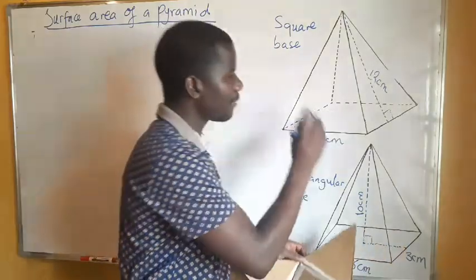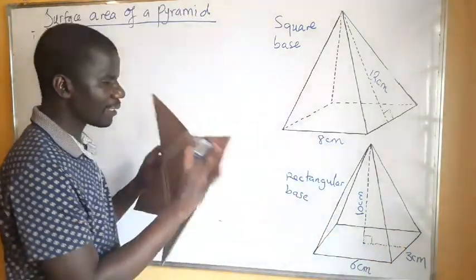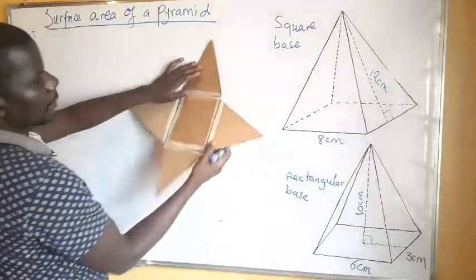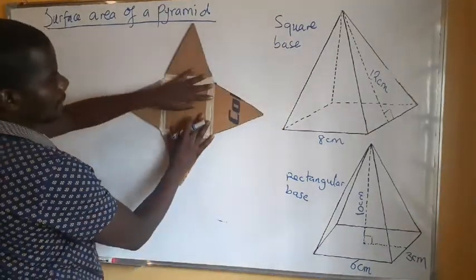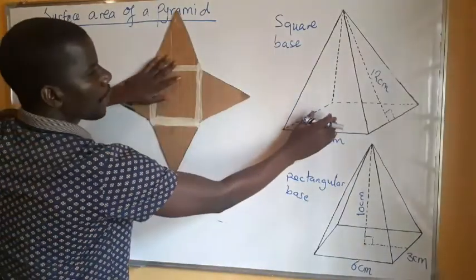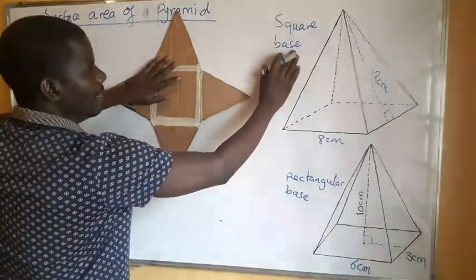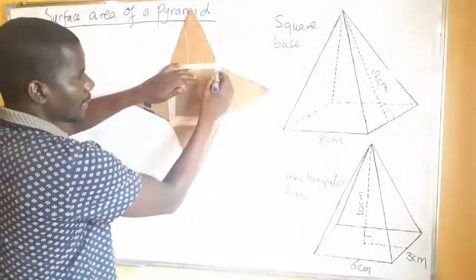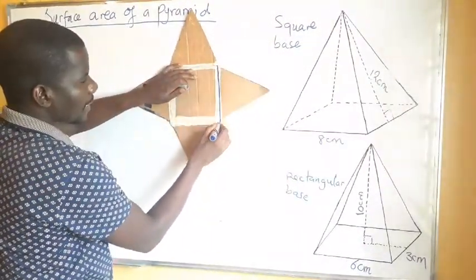Now, in this case, for the first one, it's straightforward. What we are given, we have this case here. The base is squared. The base is squared here.